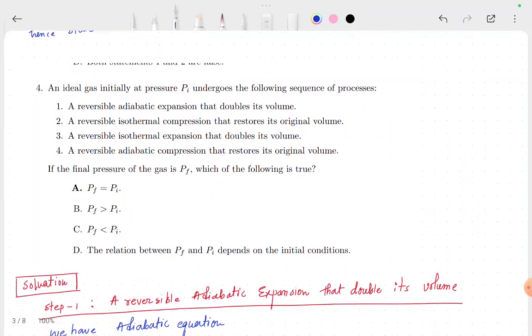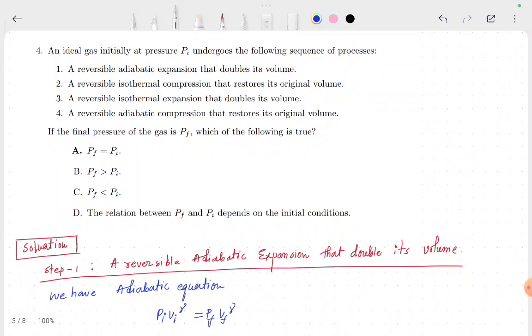Next we go to question number 4. It is a very good question from thermodynamics.